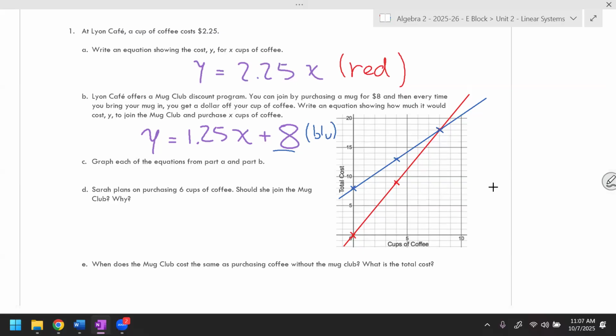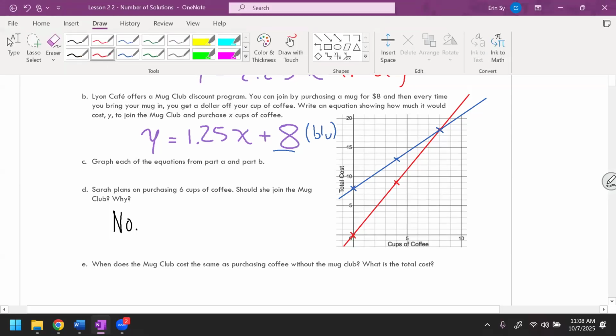So, Otis, looking at this, if Sarah only wants to buy 6 cups, maybe she's only got one event, should she get the membership or not? She should not. Looks like it. And how'd you know that? Replace x with 6, right?